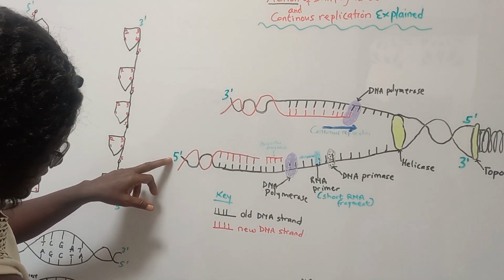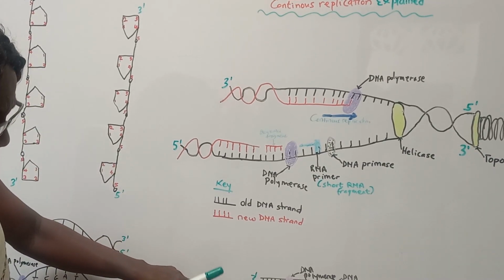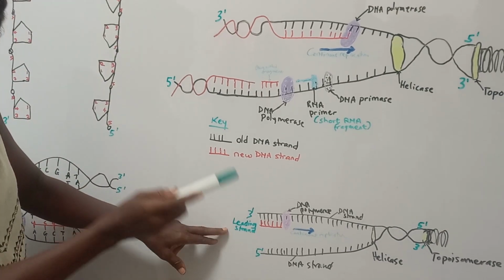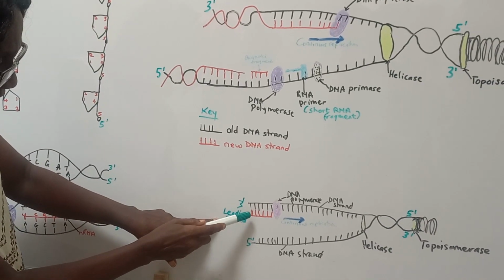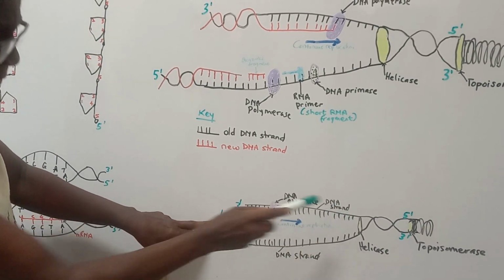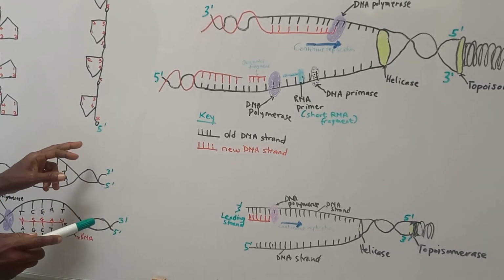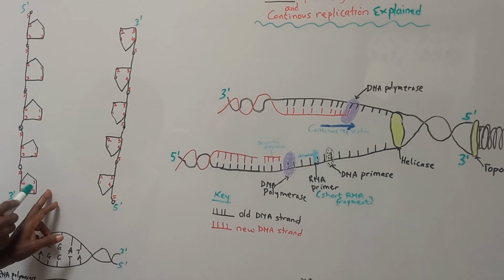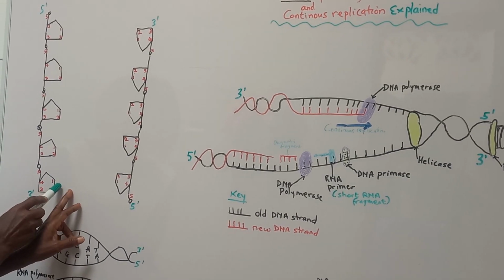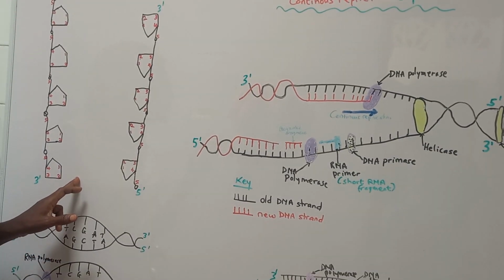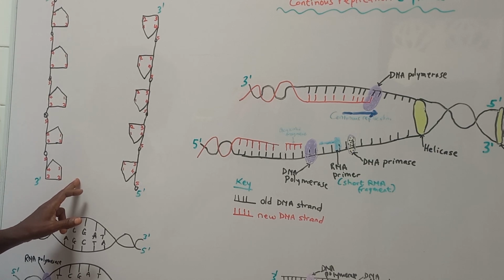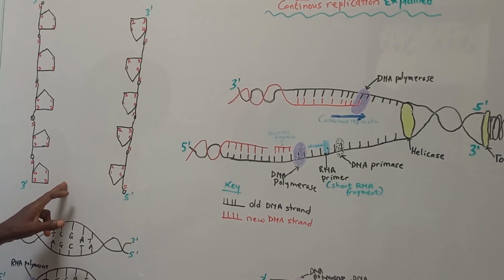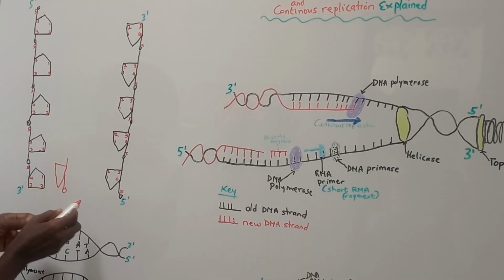The DNA polymerase is moving to form another strand that is from 5 to 3. So the DNA polymerase will have to copy, in actual fact, this. The strand that the DNA polymerase is forming is 5 to 3.